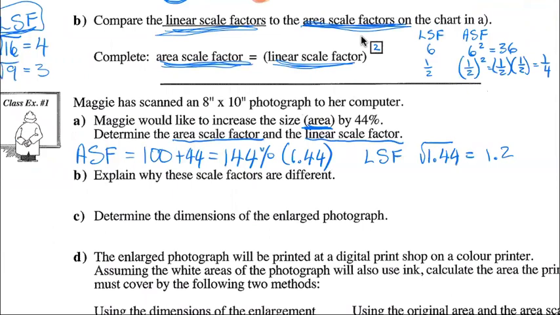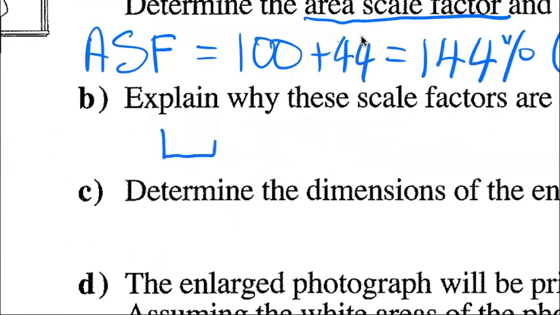Question B, explain why the scale factors are different. Well, remember, if this is my figure, linear scale factor is just this dimension, a length or a width, or really even a perimeter if I wanted to, right? We talked about that many times.